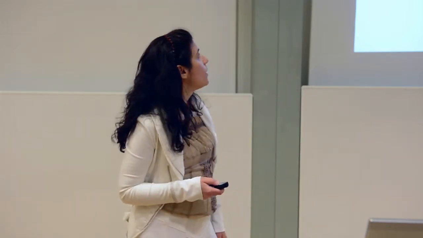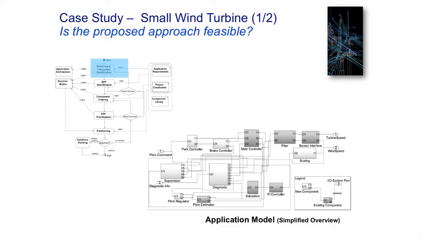We see to what extent the process was feasible to perform. We start with modeling, which was the first part of our process flow. The application has a number of interconnected components, which are compliant with our metamodels. We have highlighted components that are new and some components that we could reuse.